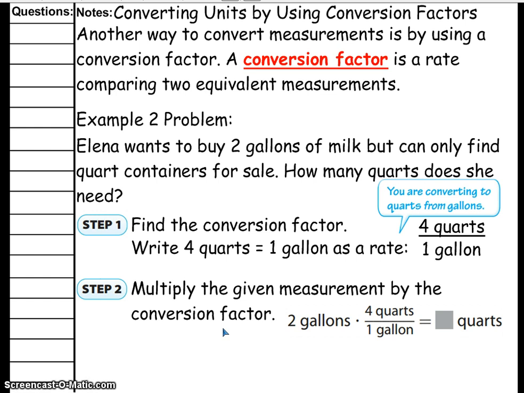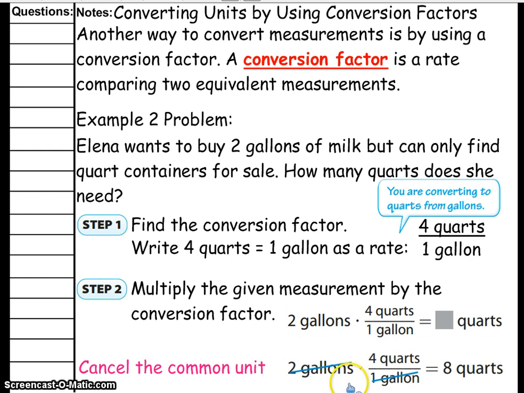Our conversion factor is 4 quarts to 1 gallon. What you're going to do when you have it set up like this is cancel the common units. Well, what units are the same in our multiplication problem? This gallons and this gallon. Since they are common, we can cancel those out.